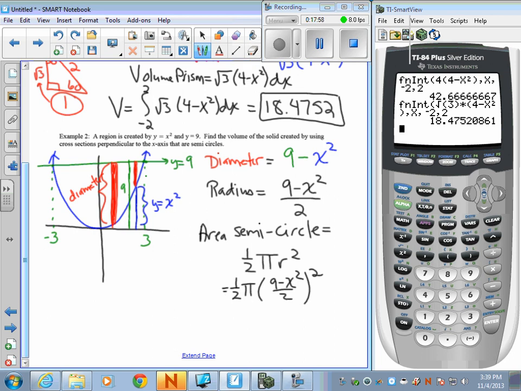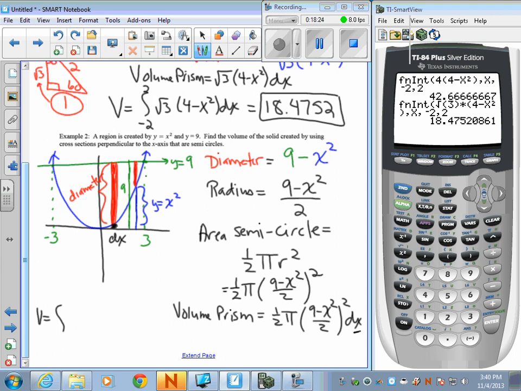So now we need to find the volume of the prism, which is just that times the width. And again, the width right here is dx. So it's going to be 1/2 pi times (9 minus x squared over 2) squared dx, which means I can now find my definite integral. So my bounds are the x's or are they y's?